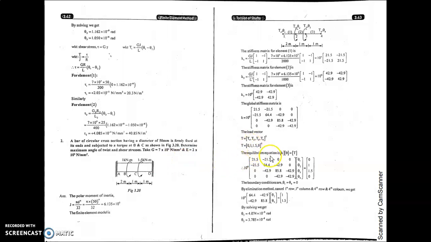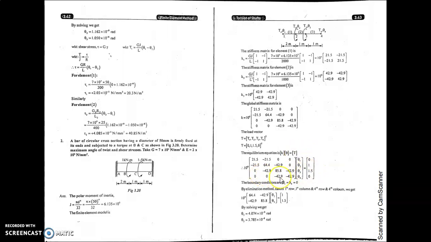Now directly coming to the equilibrium equation, that is K into theta is equal to torque. This K is the global stiffness matrix after assembling the 3 elemental stiffness matrices, and theta has 4 values, theta 1, theta 2, theta 3, theta 4, and 0, 1, 1.50 are the torque values.